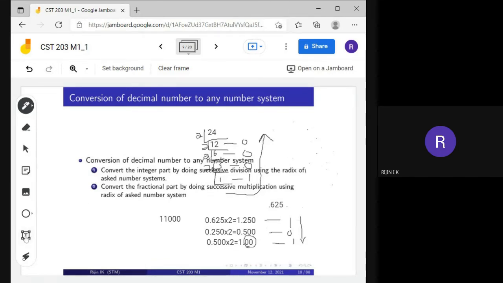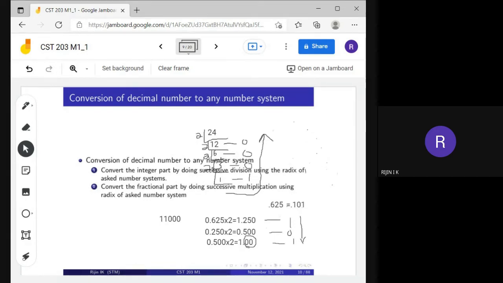That means the binary number corresponding to 0.625 is 0.101. So this is the binary number corresponding to the decimal number 0.625. This is the logic of how we convert a decimal number into a binary number.